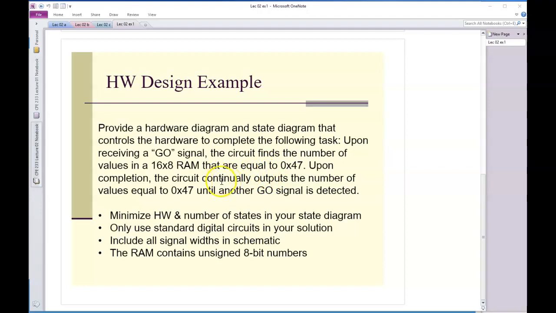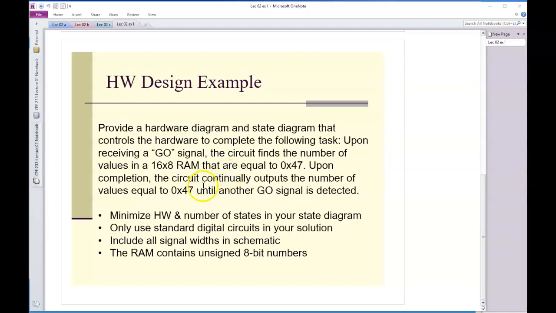So essentially what's going to happen in the circuit is I'm going to get a go signal. Sometimes I use a button. I get a go signal and start counting the number of values in that RAM that are equal to this hex number 47.